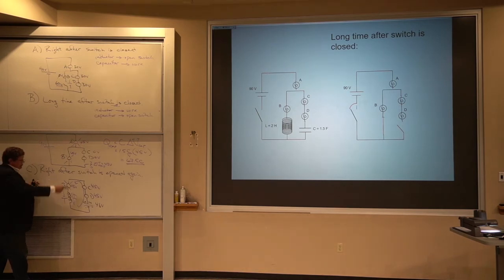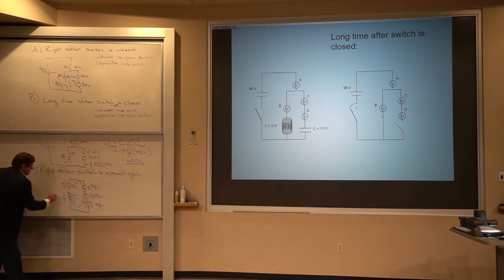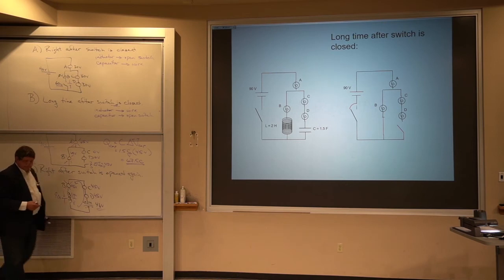And if I need a total voltage of 135 volts, and this is only giving me 45, this must be a 90 volt battery, because 90 and 45 is 135. So I'm pushing current counterclockwise. This is pushing with 90, this is pushing with 45, and that's what gives me the 135 volts I need to drop 45 there, 45 there, and 45 there.